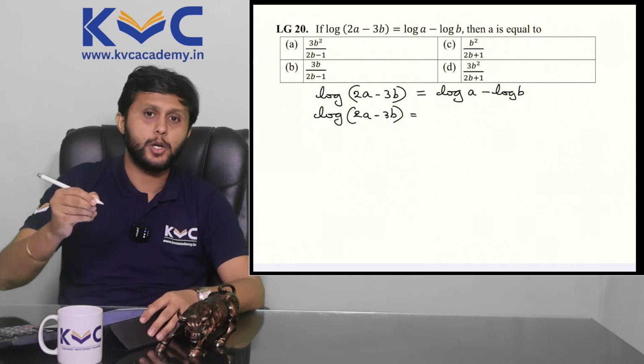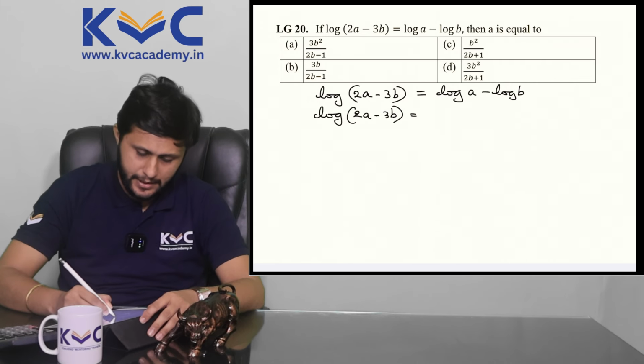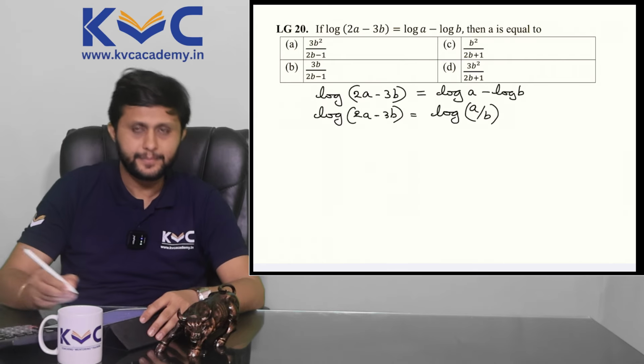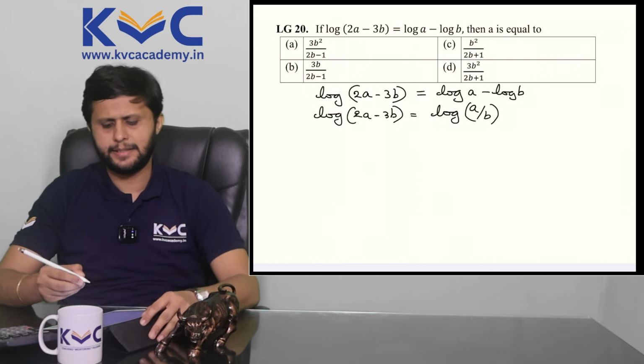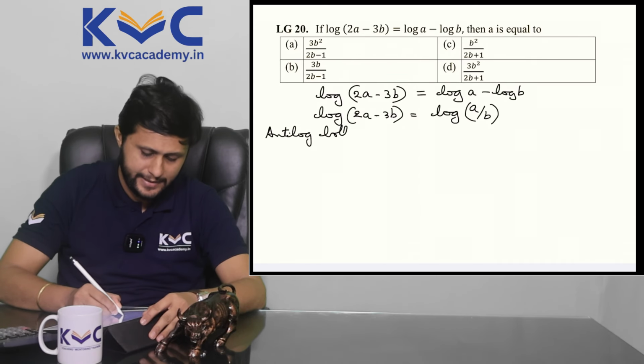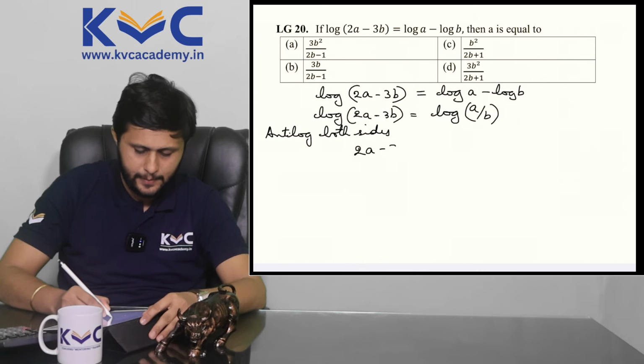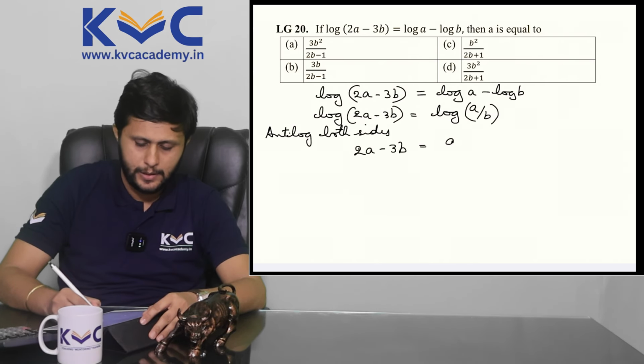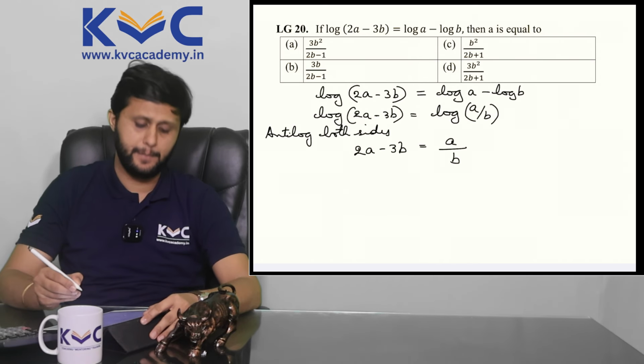Right hand side log a minus log b can be written as log a by b. Correct? Now everything is inside logarithm, so we will take antilog on both sides. So we have 2a minus 3b equal to a divided by b.